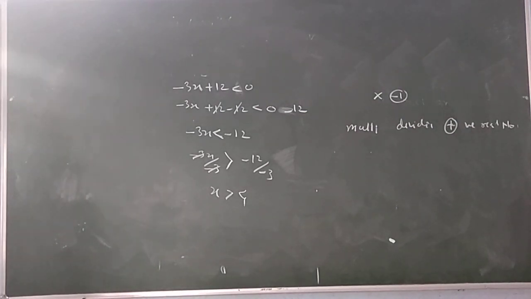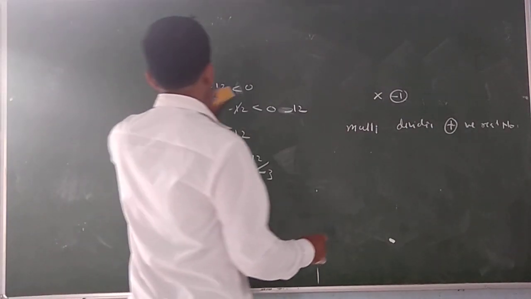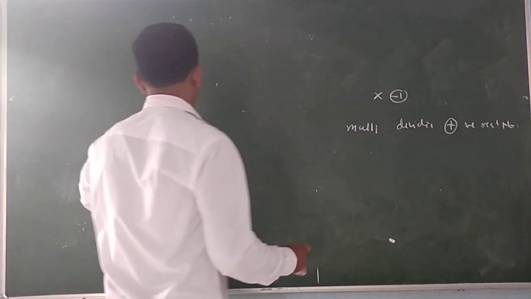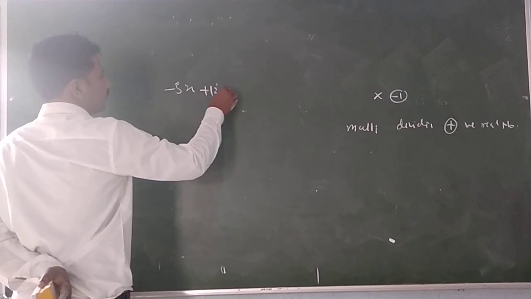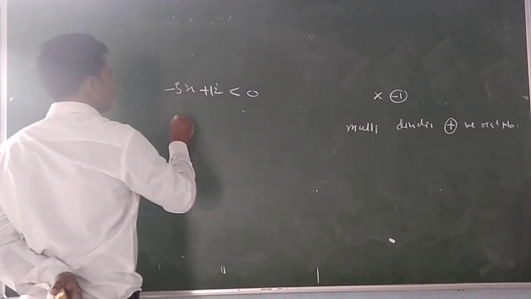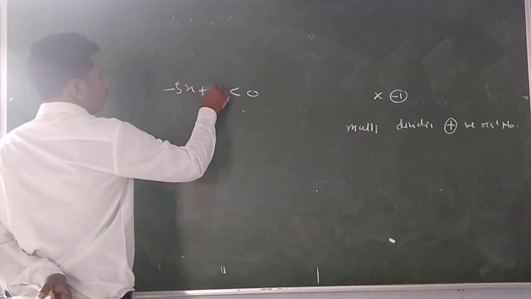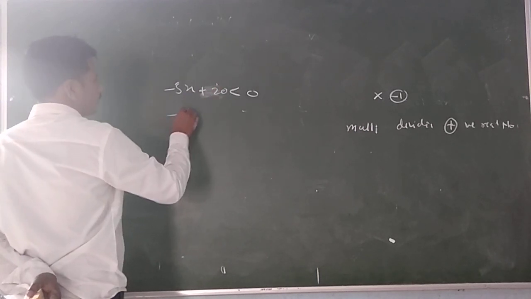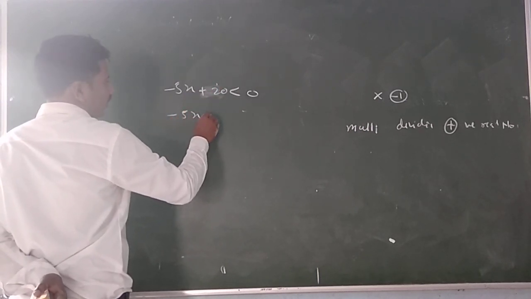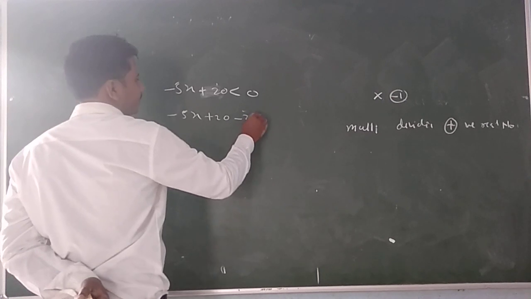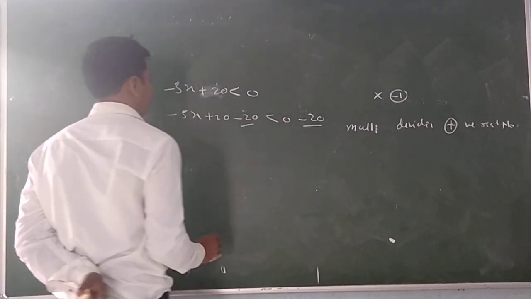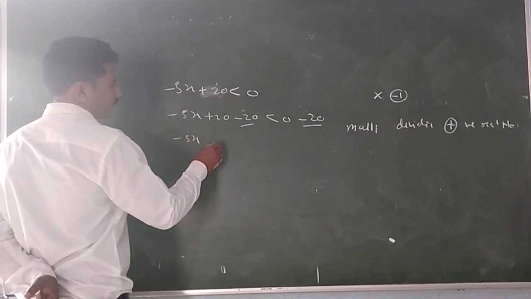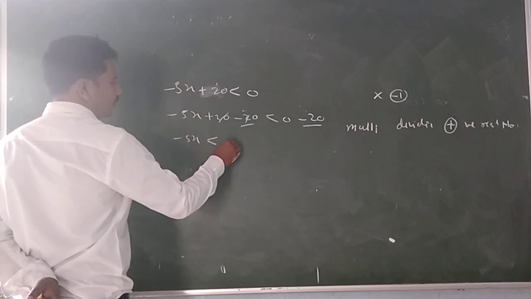Take one more example of this kind. Minus 5x plus 20 is less than 0. We can add or subtract a number on both sides, so we subtract 20. Now minus 5x plus 20 minus 20, the 20 gets cancelled, is less than minus 20.